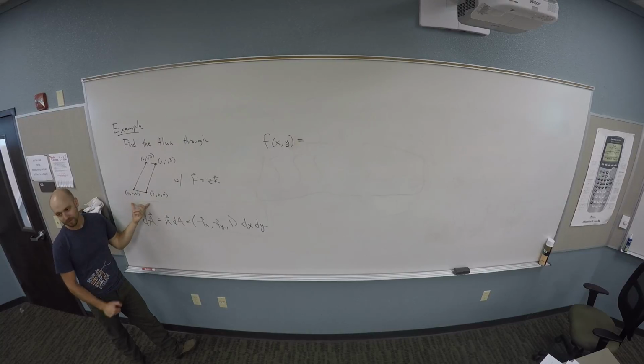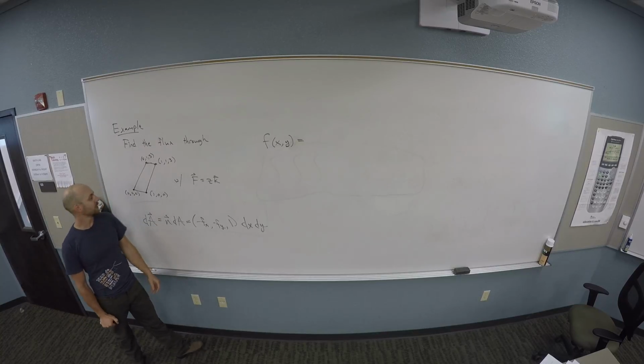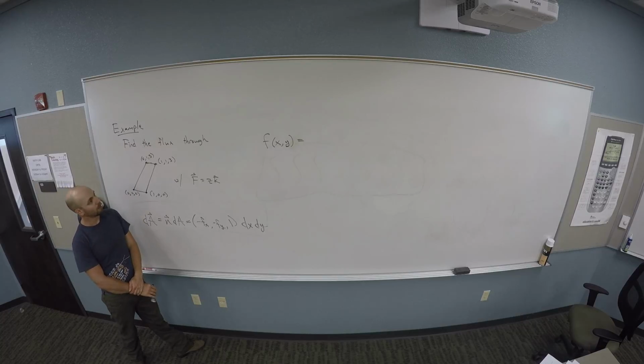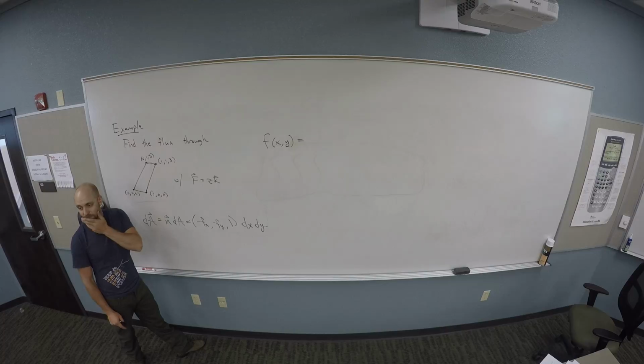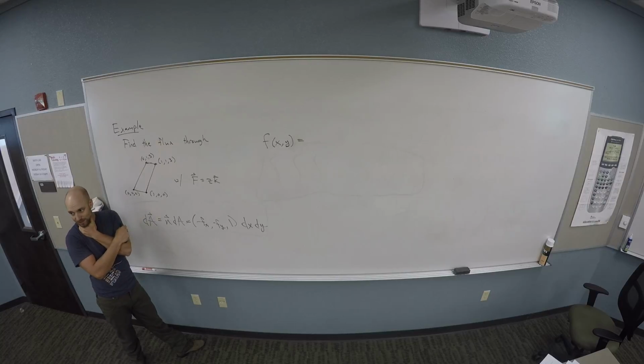Now if I could find f of x and y for this plane, then I could just use my new toy. So what's f of x and y? I want to find a plane equation. If I go over 1 in the x, what happens to the z?